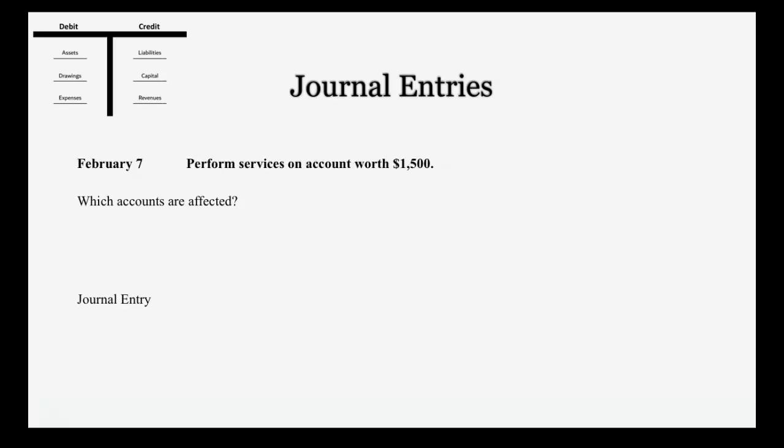Now on February 7th, you perform services on account worth $1,500. So which accounts here are being affected? The first one is service revenue. Whenever we see that we perform services, that means that we've done the work, and so we need to count the revenue. So here we will affect our service revenue in this journal entry.